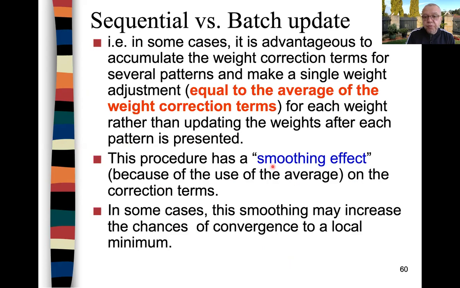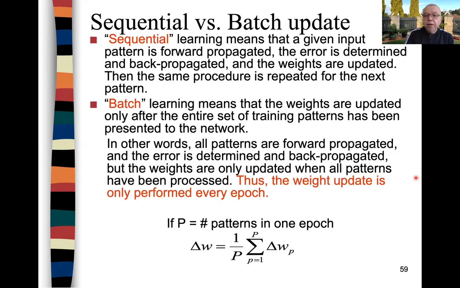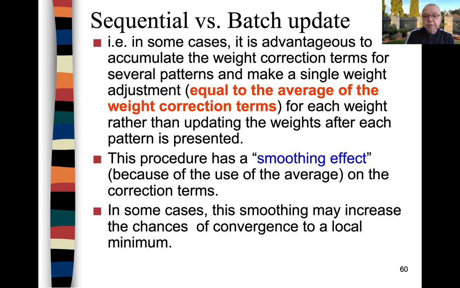Because this formula has a smoothing effect because of the use of the average on the correction term. When you average the weight update, you are performing some smoothing, and this smoothing effect has been shown to increase the chances of converging to a local minimum.